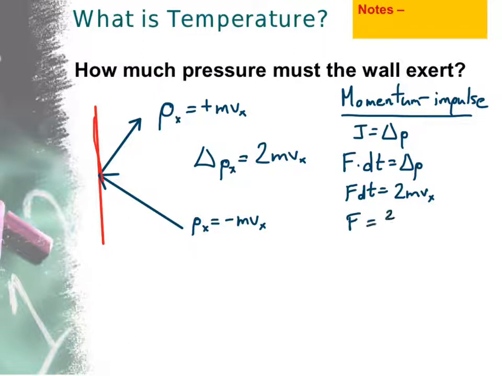That means that I could write down the force that each molecule exerts on the wall, and that would also mean the amount of force that the wall exerts on each molecule, and that is going to be equal to 2 mvx divided by dt.